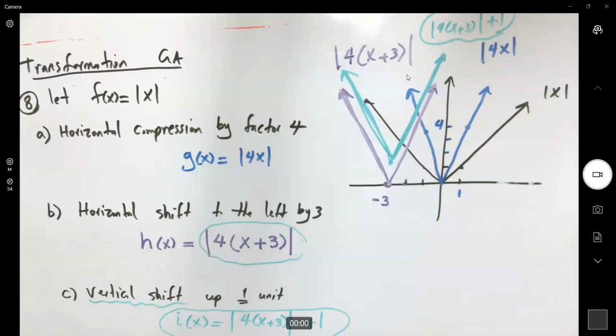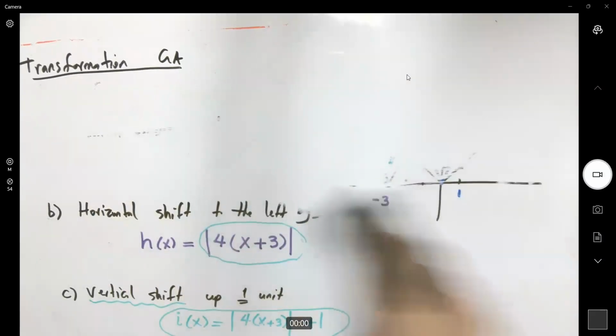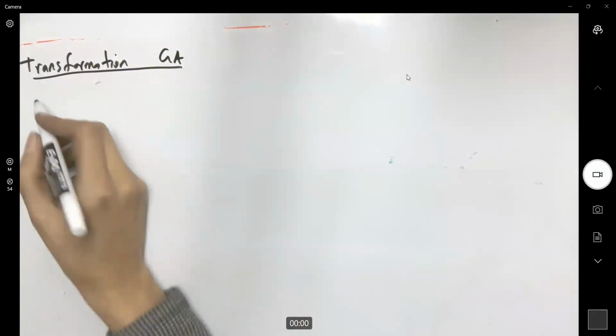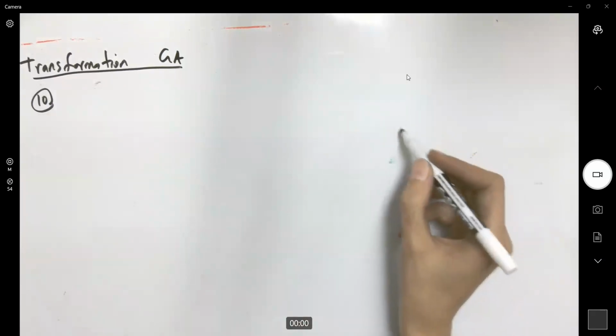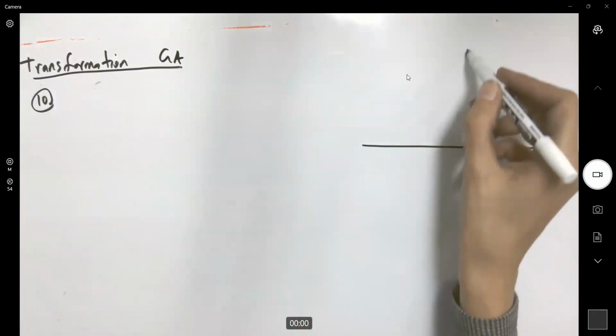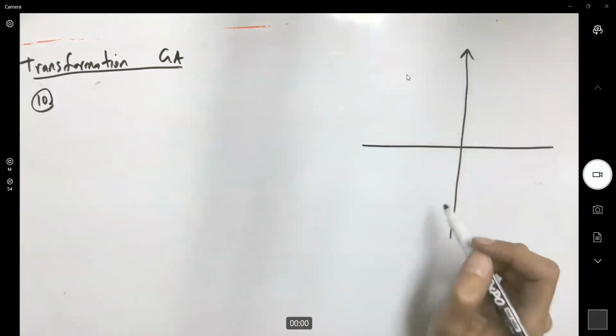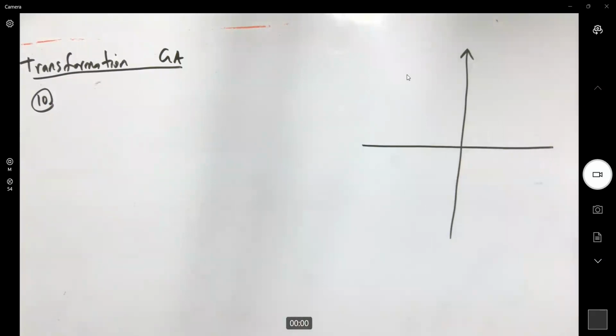Very good. So let us take a look at question 10. Question 10 says, you have the following graph. What is the transformation? So the graph given to us is like this. You have your x-axis, your y-axis, and your x squared function.